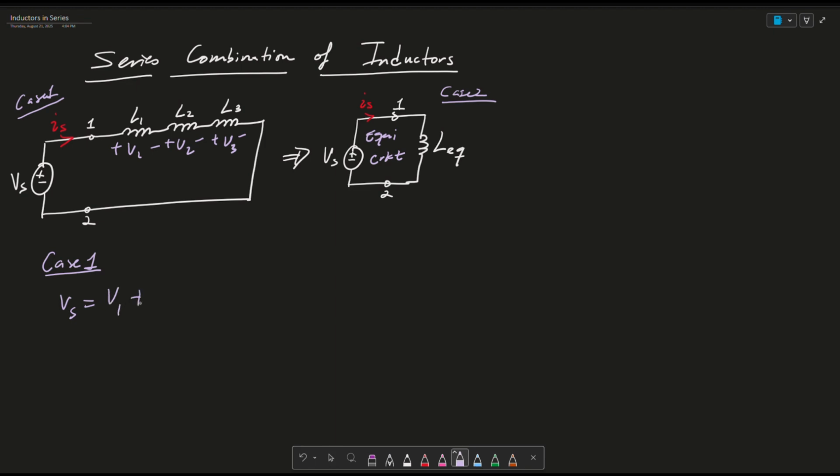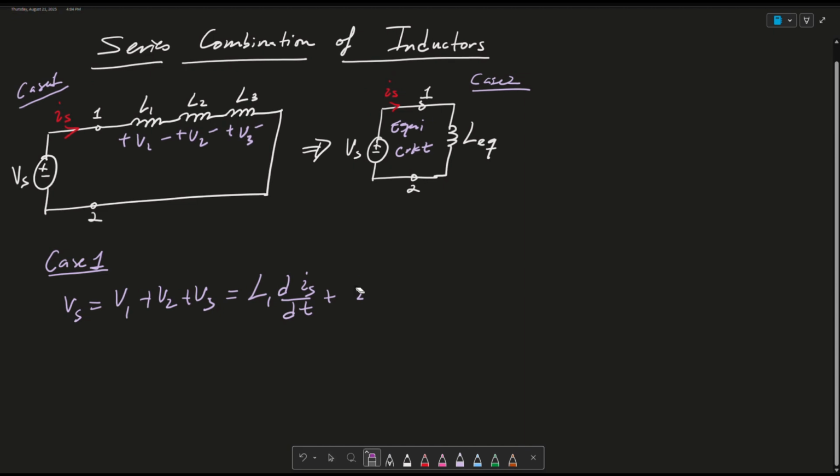So Vs equals V1 plus V2 plus V3, which equals the inductance L1 dIs over dt plus L2 dIs over dt plus L3 times the change in current, Is, over the change in time.